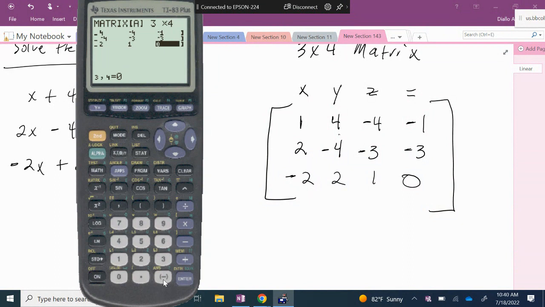All right, so I believe I have everything entered. Let me just check that out. 1, 4, -4, -1. And this should actually be a 2.